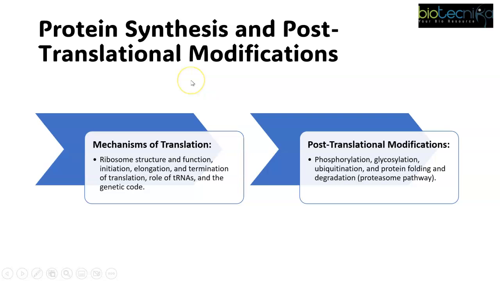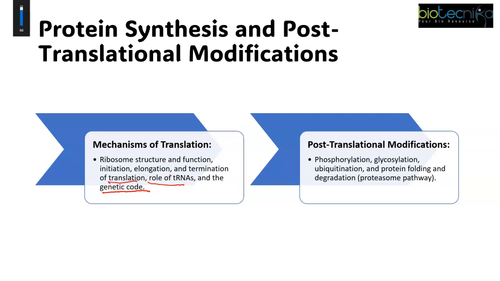Then protein synthesis and post-translational modifications. Here you have to have an idea about how translation happens. Especially you should know about the genetic code or the codons, the role of different tRNAs, the structure of tRNA, which is extremely important, and also ribosome structure and function, along with the various steps of translation.